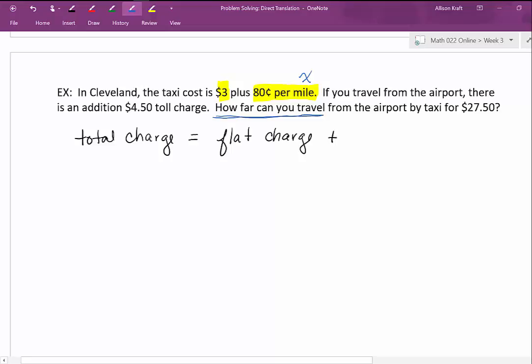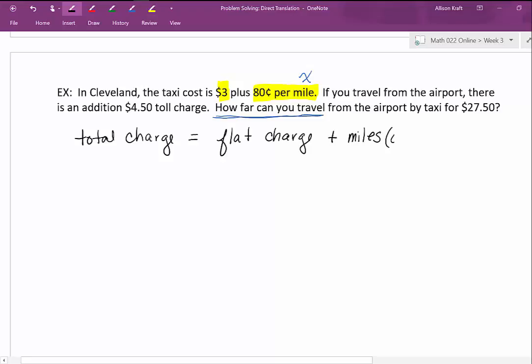80 cents per mile means 80 cents times every mile. So this will be the number of miles times price per mile, which we can go ahead and write the 80 cents right in there.